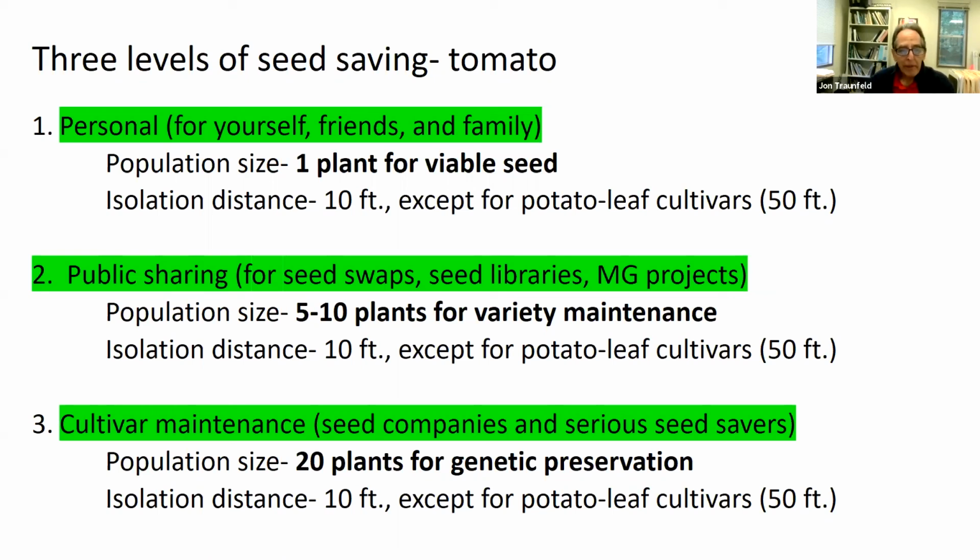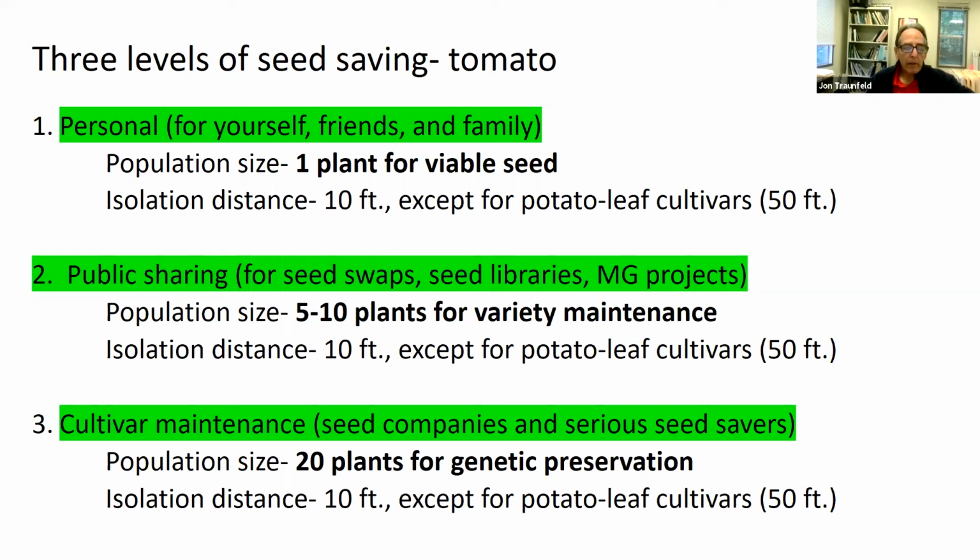The isolation distance. So let's say we have this favorite cultivar we want to save seed from, and we have 4 other cultivars. It doesn't matter if they're hybrids or open pollinated. If those other plants are cheek to jowl with the one cultivar we want to save seed from, there's a slightly increased chance of cross pollination by bees, essentially.